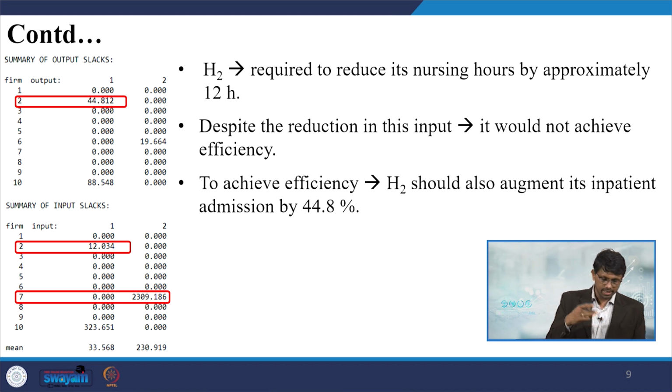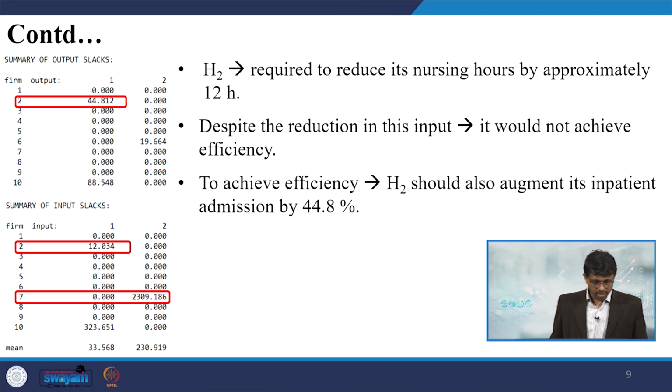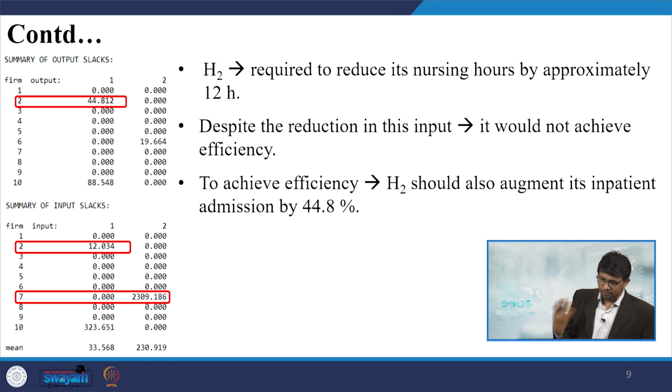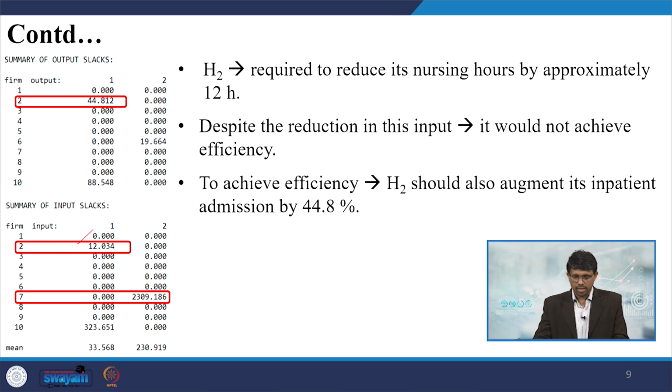You can see the top table is for output slacks and the bottom one is the input slacks. So, through the inputs we are able to optimize the outputs. Through the inputs you can see the changes, 12, which we have already mentioned. Approximately 12 hours is required to reach the efficiency level for firm 2.